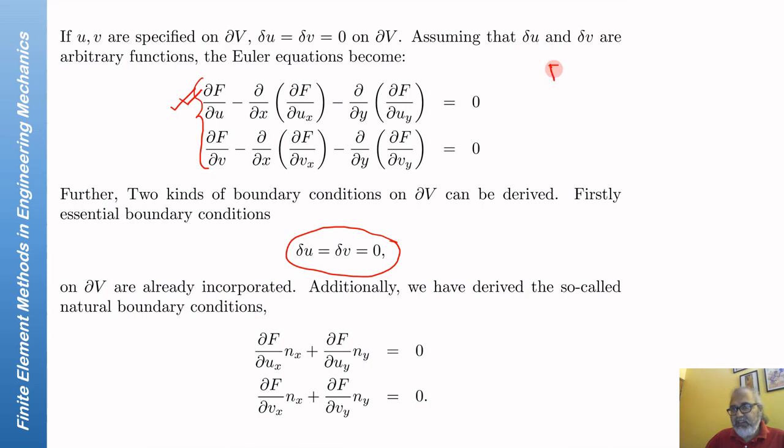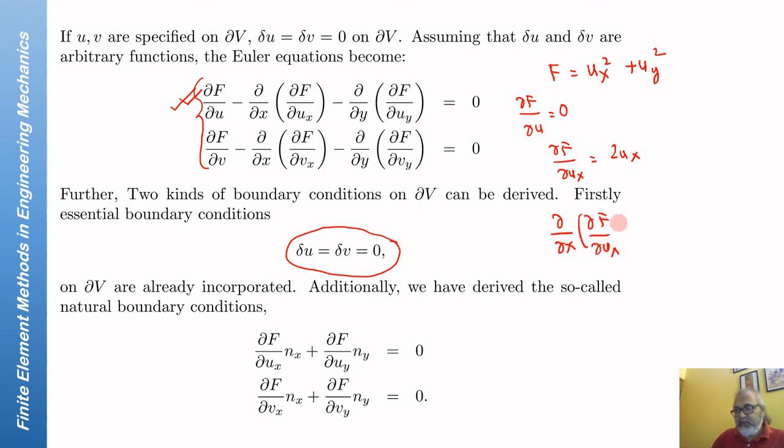So your functional is ux square plus uy square. Use this one. Del f del u is equal to 0. Del f del ux is 2ux. Del x of del f del ux is 2uxx, that is del square u del x square. Similarly, del y of del f del uy is 2uyy.